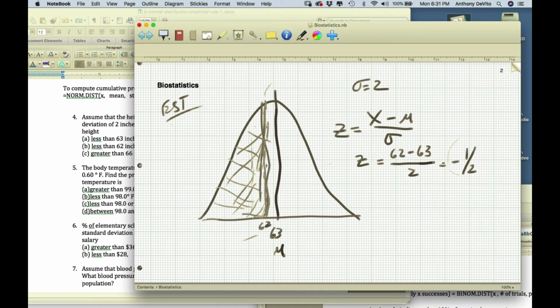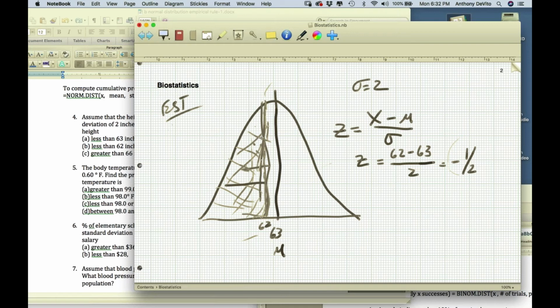You could look at it as the number of women in this total population that have a height below 62 inches. Or you could look at it as the probability of selecting a woman randomly from this population and having them be in this area below 62. So you can look at it a few different ways. Any one of those is correct enough.